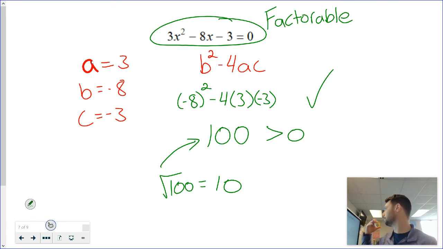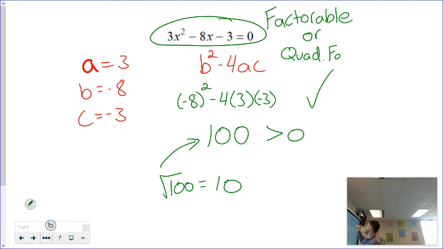Okay. So we would write that you could factor this or use the quadratic formula. And importantly, you can have 2 real solutions.